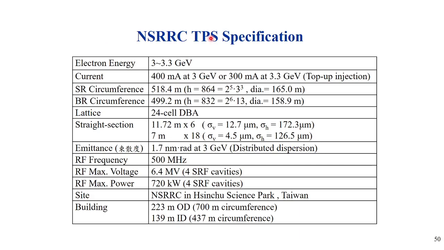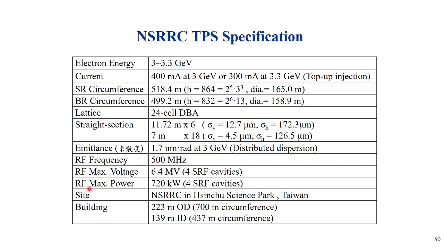Okay, that's the new Taiwan Photon Source. The old one is 1.5 GeV, but the new one is 3.3 GeV, and the current is 400 milliamp. And we have other specifications here.